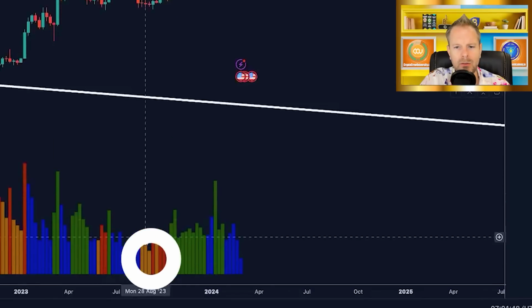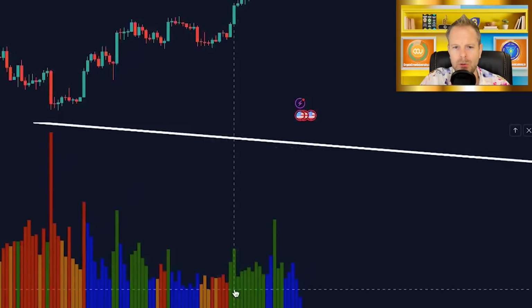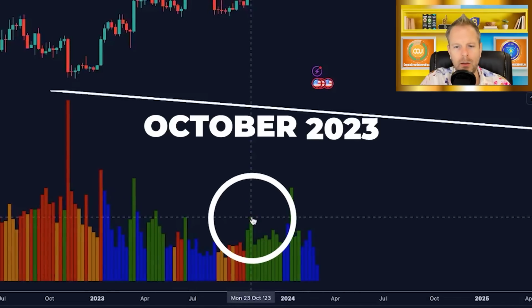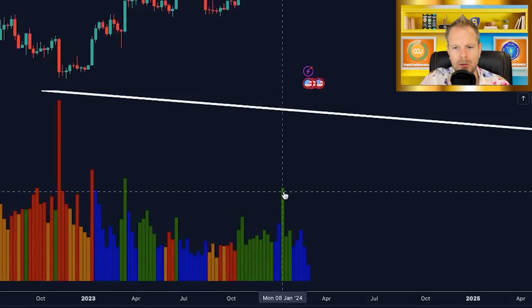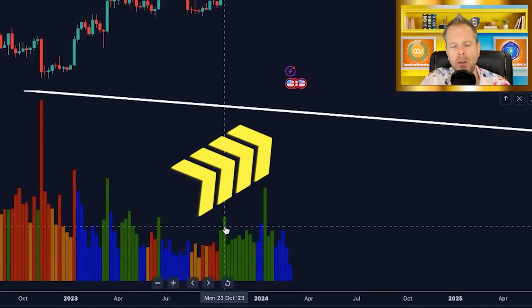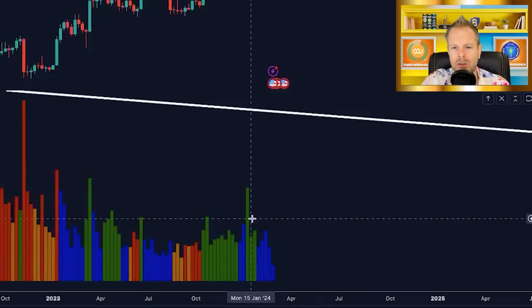So we are at the tail end of phase one. We had this bottoming out here, and then we finally transitioned into some strong green. And you can see our volume from October of 23 until January of 24. We're starting to see an increase of volume. Look for that to continue over the coming months and for the rest of the year.